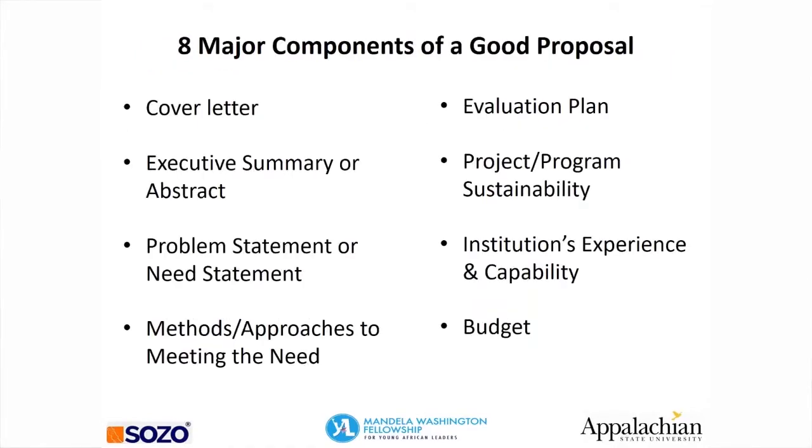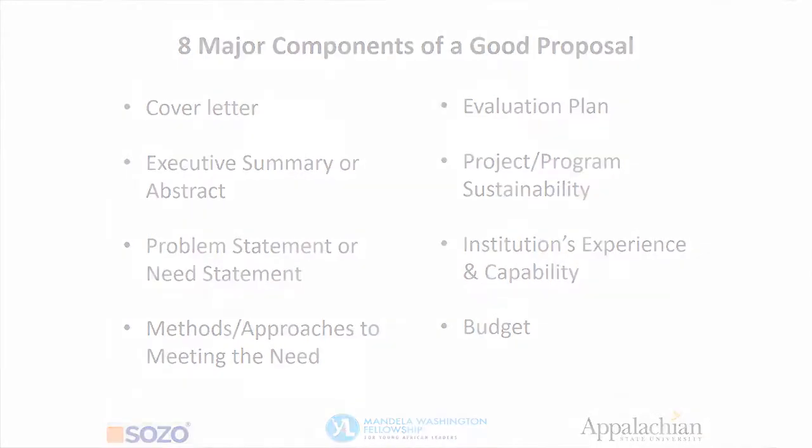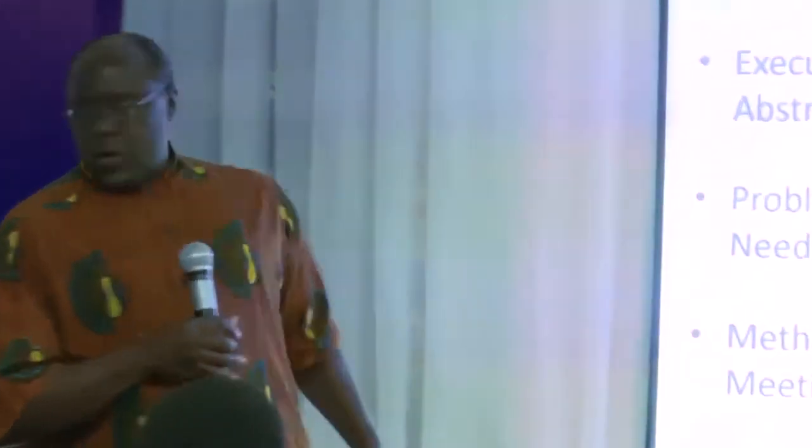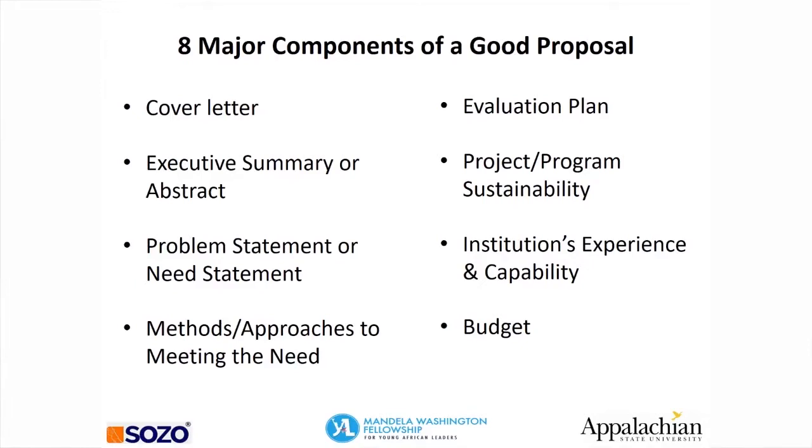So, you have identified a need, okay? We are going to come back to the needs that you identified in the assignment that I gave you. Oh, did you go too far? Oh, okay.